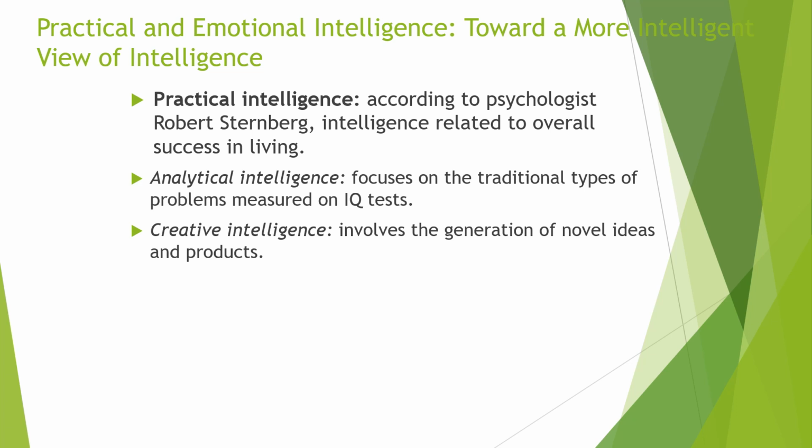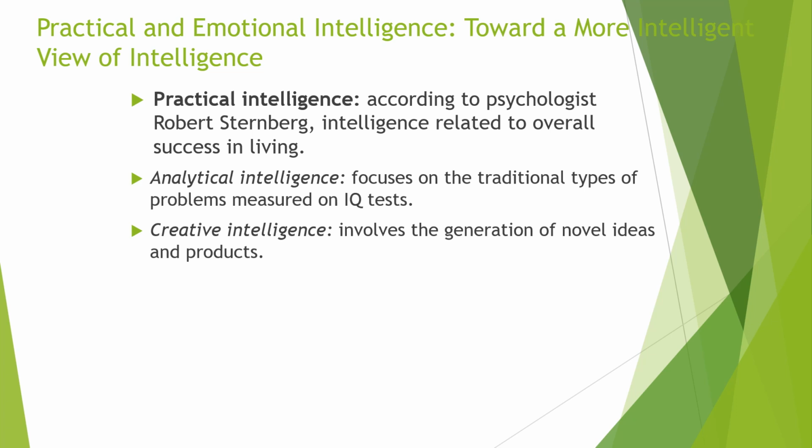Now, myself, I am probably more analytical than creative. You may remember me saying that in the previous chapter. I tend not to come up with too many novel ideas. I tend to go with what's already established. So I'm way more analytical than creative. That still says that I have this practical intelligence, though.